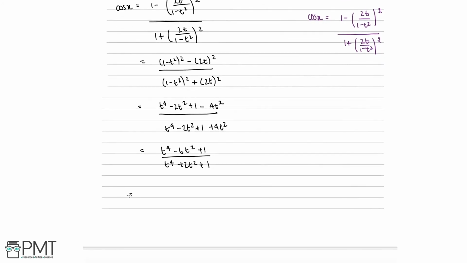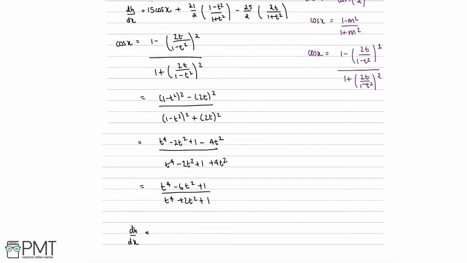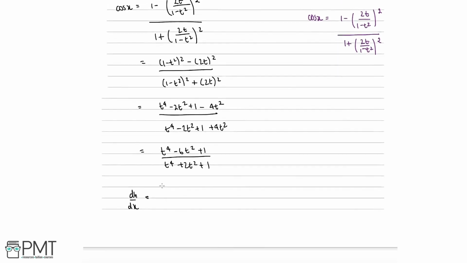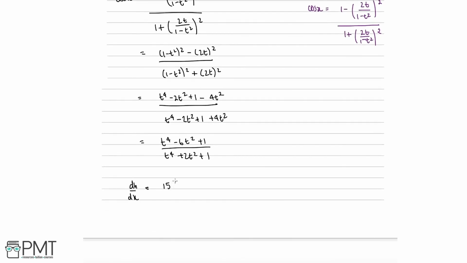So dh by dx is going to be equal to, well, we want 15 cos of x, which is 15 multiplied by t to the power 4 minus 6t squared plus 1 all over, well, the bottom can actually be rewritten as t squared plus 1 all squared.